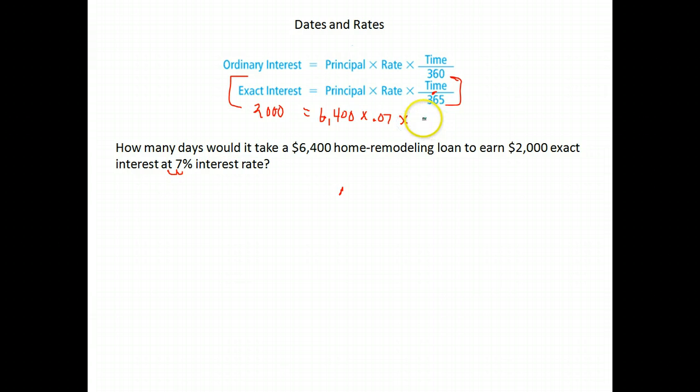Then do we know the amount of time? No, it says how many days. That's what we're trying to find, so we just know time over 365. So again, we come down here and we do what we can. On the left, we leave the 2,000 for now. On the right, we do 6,400 times 0.07 and then divide by 365.